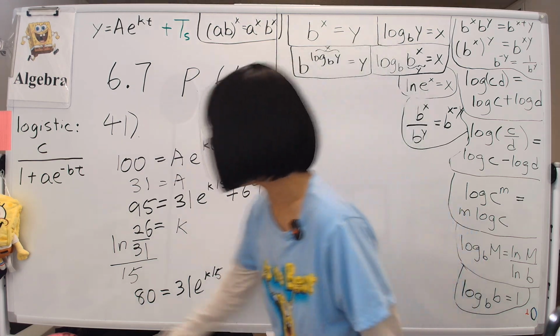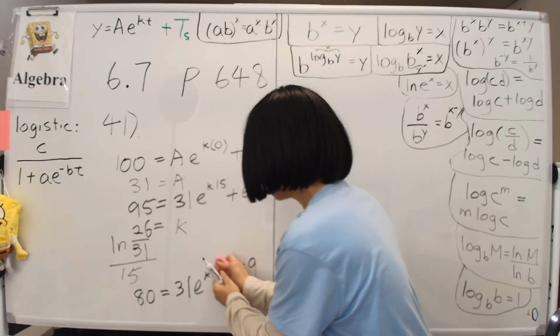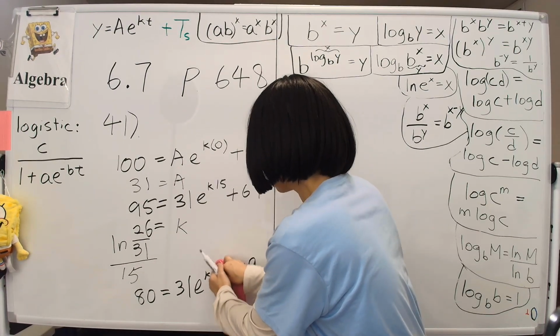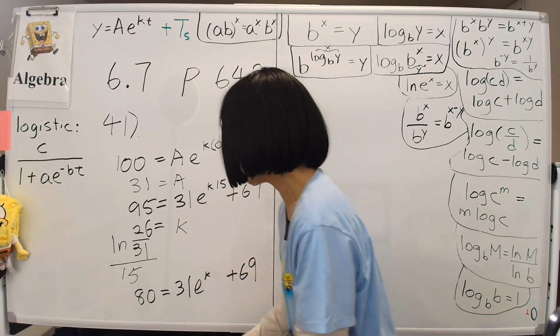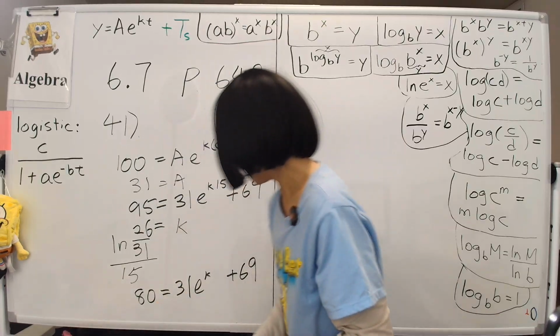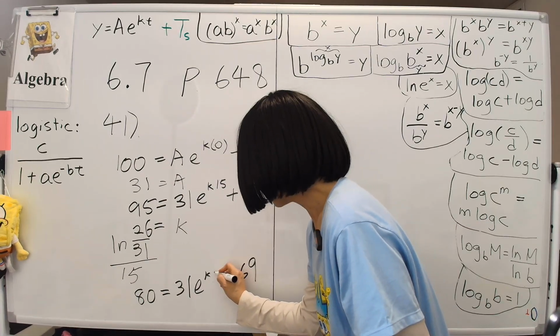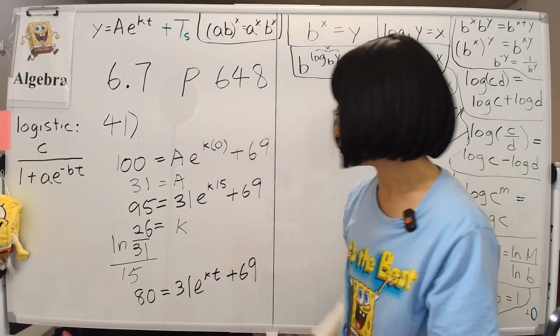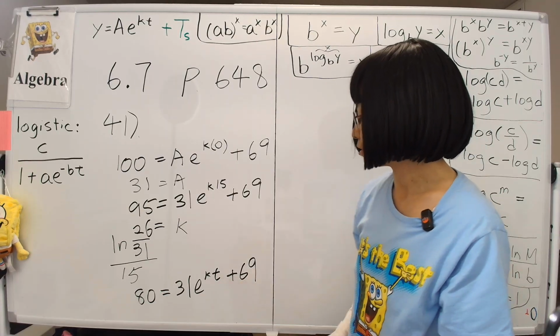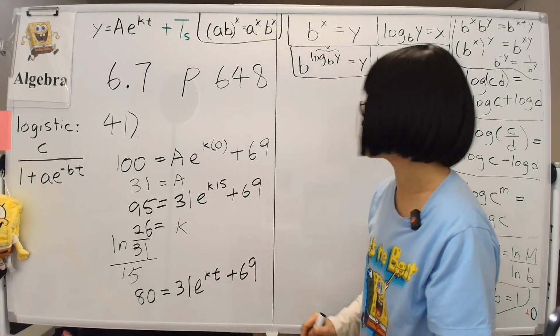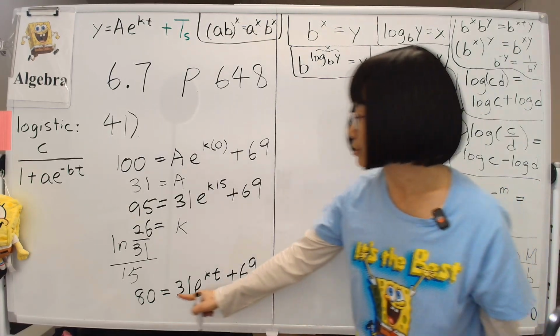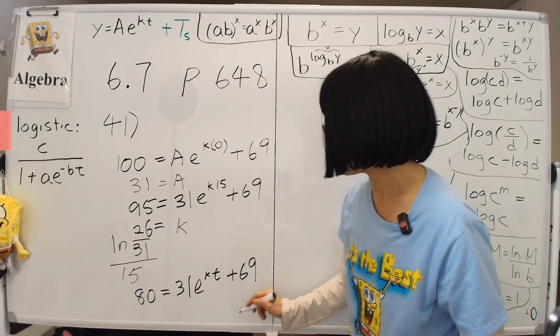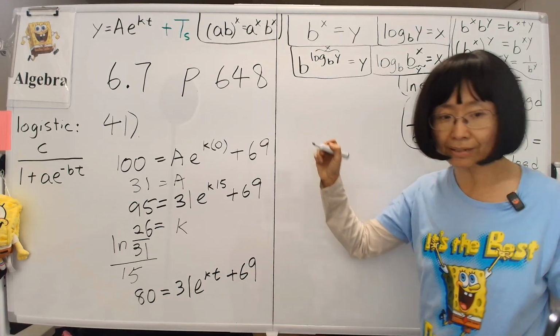What am I talking about? No, t. We need t, right? Because it says what time. So now we know what k is. We need to know what's the t that will give us the answer. In this case, we know what k is, so we need to solve for t. So that's what we're going to do. And to do that, I'll write it over here.